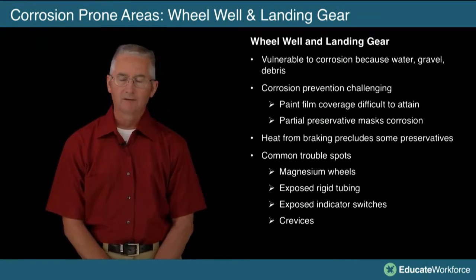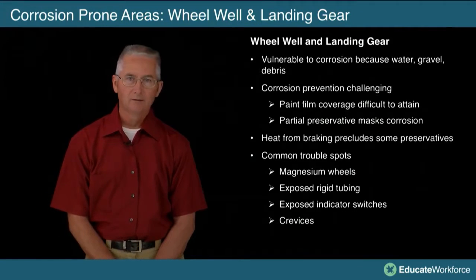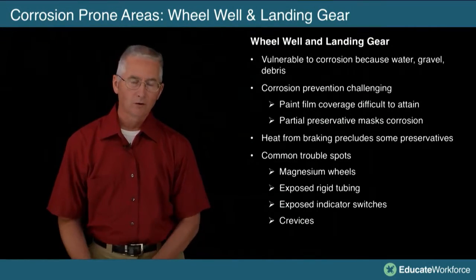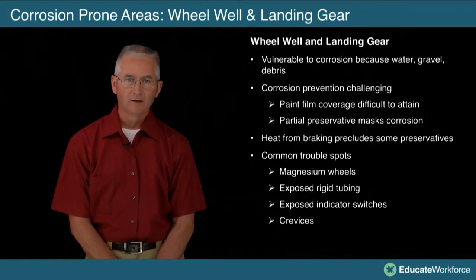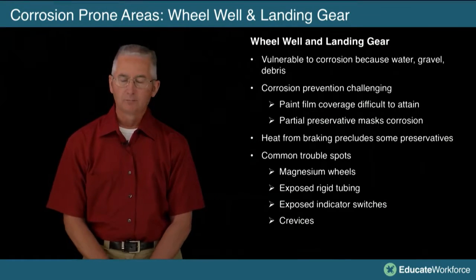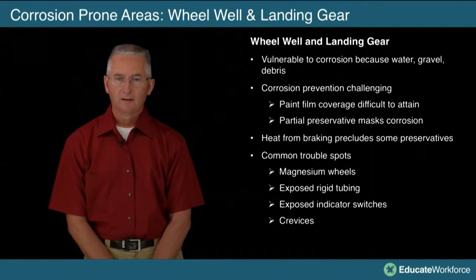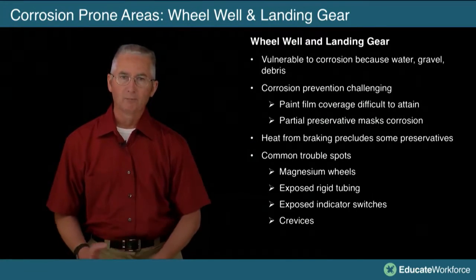Some of the trouble spots, again, the magnesium wheels. Magnesium is one of the most active metals that we use on aircraft. It is going to convert back to its original state faster than any other metal going. Exposed rigid tubing is going to be up in there. You've got hydraulic tubing that has B-nuts on it that again are going to allow moisture to get up underneath them.